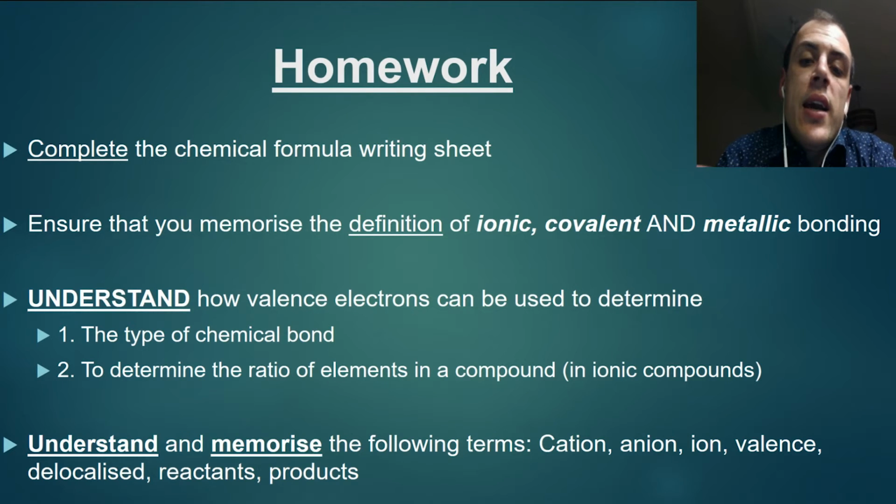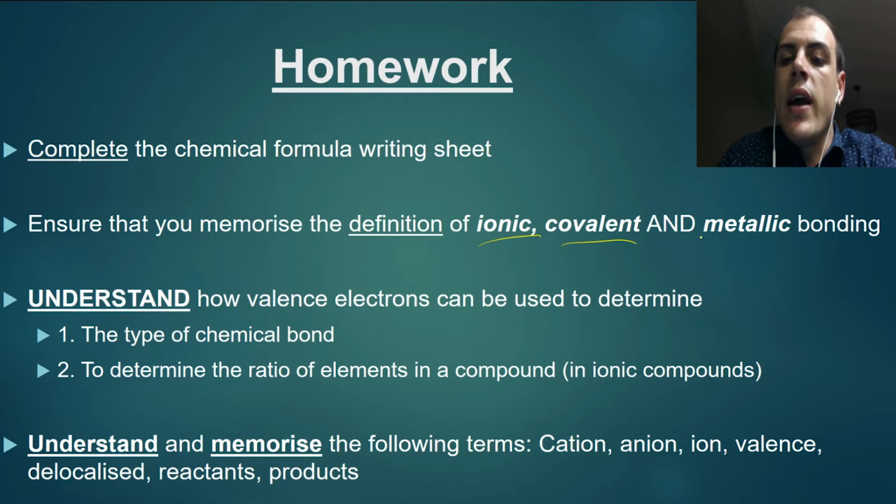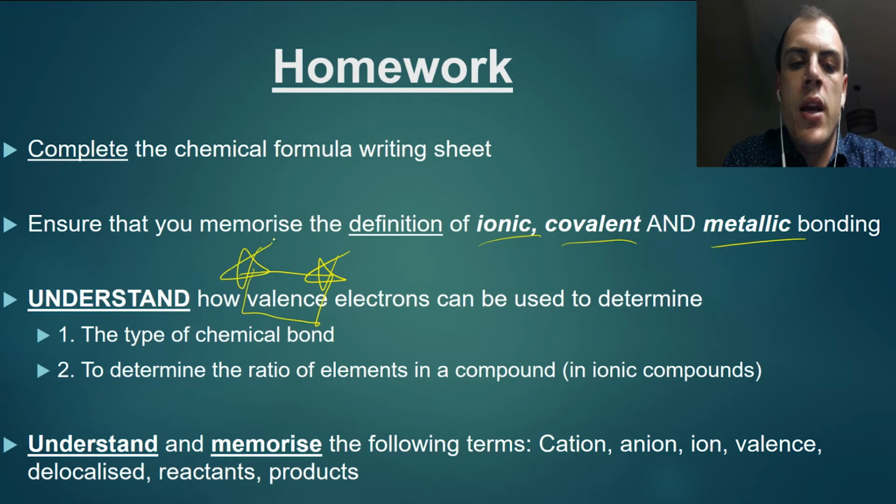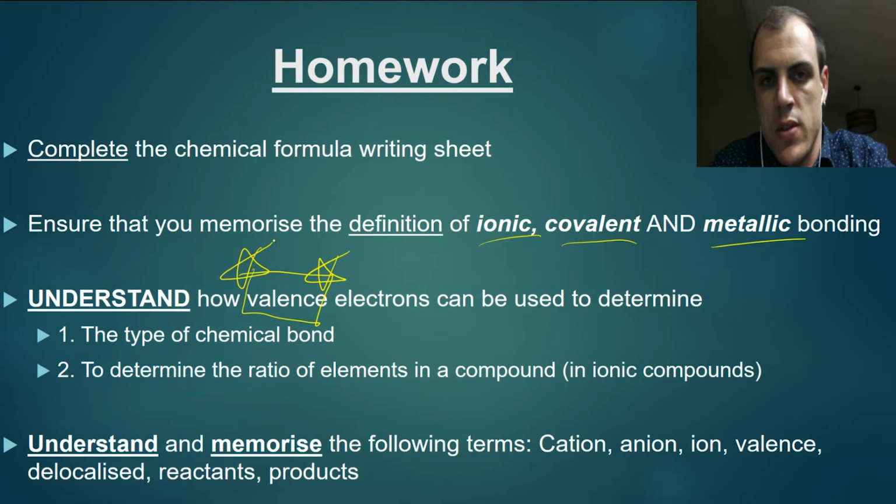Big things to take away here, guys. Make sure you memorize the definitions and have an understanding of ionic, covalent, and metallic bonding. It is something that you're going to use again and again. Understand valence. Valence, in my opinion, is one of the most important things that you could learn in all of chemistry.